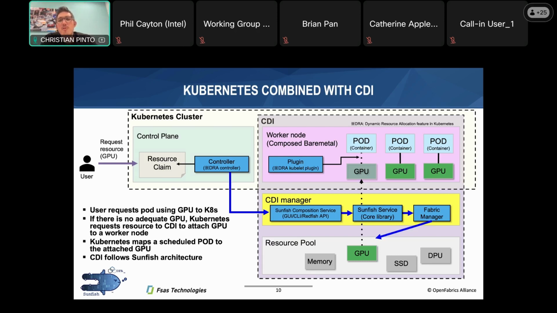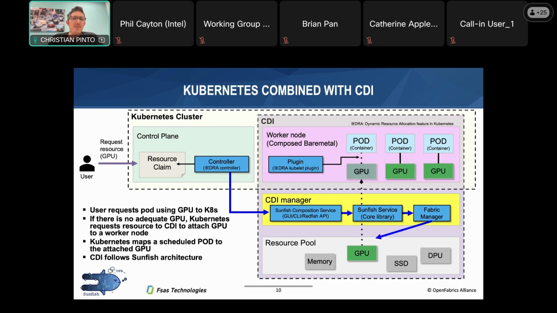There is a component in Kubernetes called dynamic resource allocation that monitors these resource claims and makes them happen. Whenever you submit a pod or a container to Kubernetes with this resource claim, this DRA controller will first check: is this claim fulfilled already?